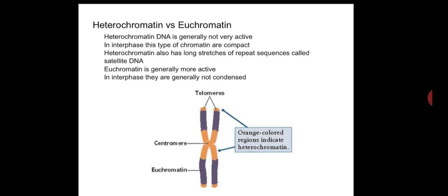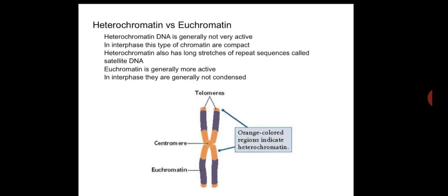Today we are going to discuss euchromatin and heterochromatin material. As you know, the chromatin material is present in the nucleus of the cell, and it spreads all over the nucleus during the interphase of the cell.